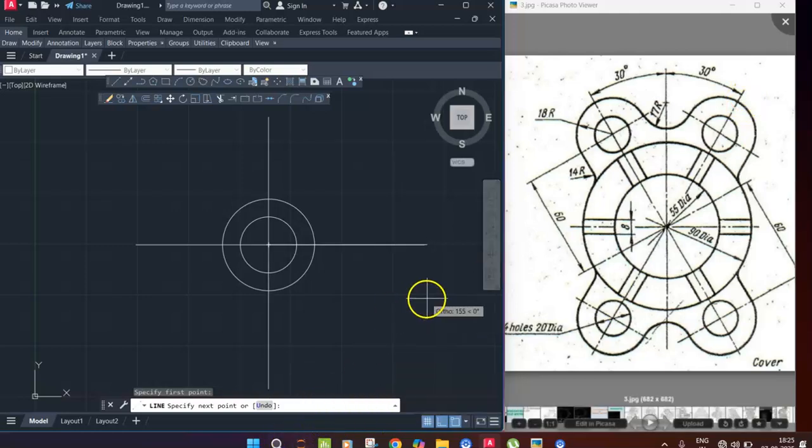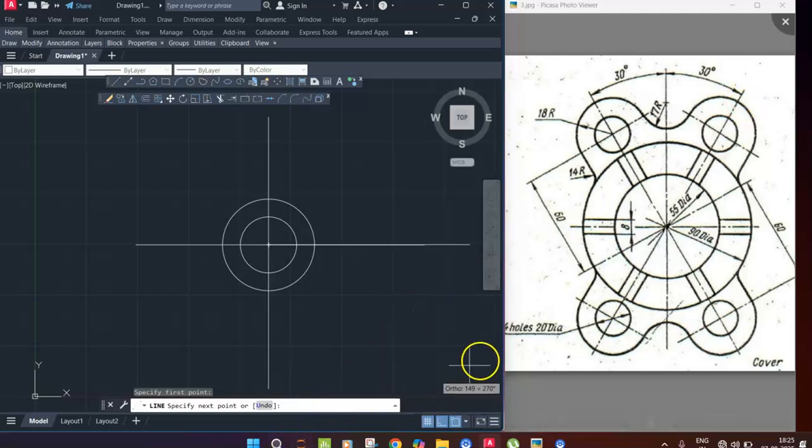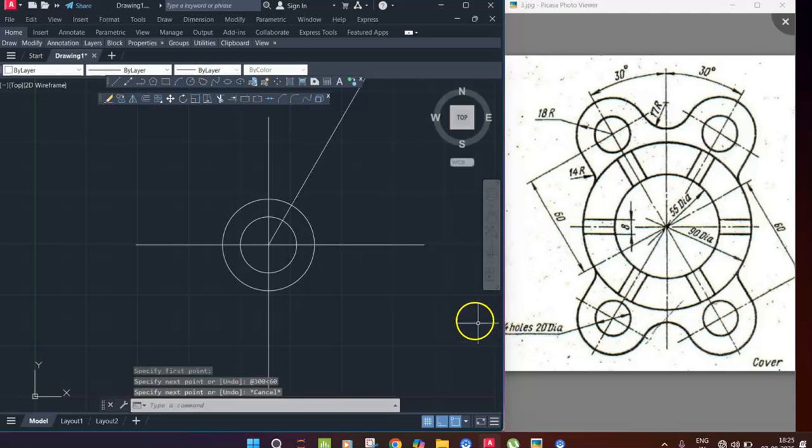So with respect to horizontal, how much will it be? 60. At the rate 300 less than 60. With respect to vertical, 30 degrees, and with respect to horizontal, it is 60.